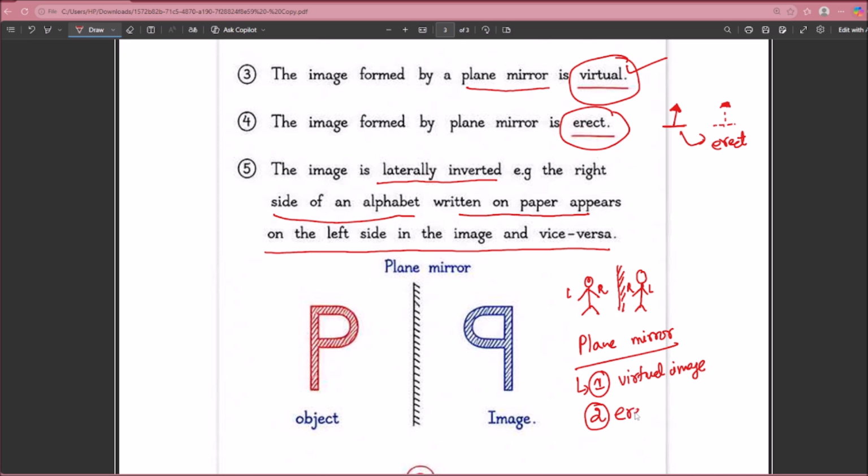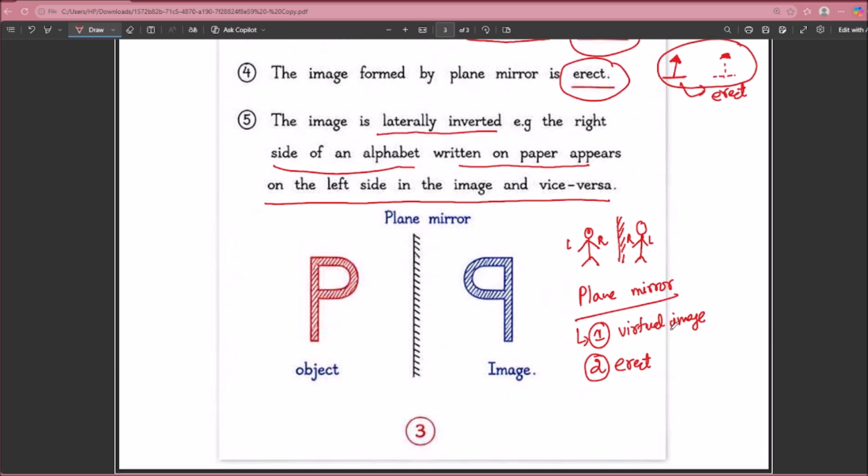Next, number 2, it is erect. Erect means it appears this way, not inverted. Number 3, lateral inversion.